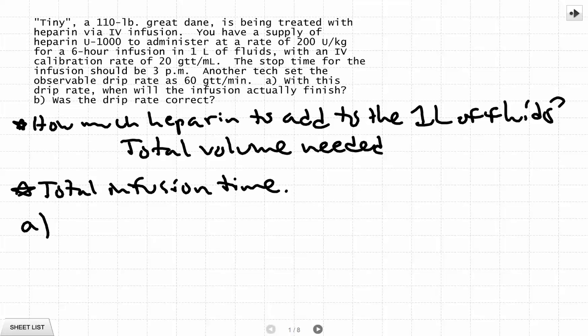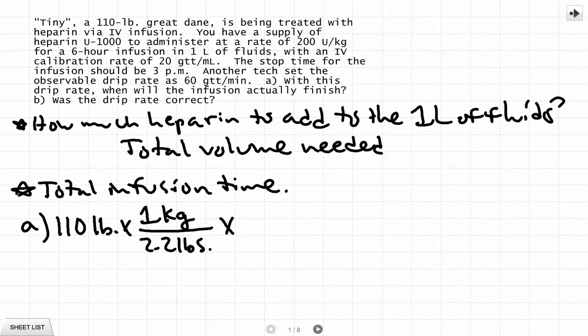So for part A, we are going to take our 110-pound Great Dane and do what we usually do. This is a straightforward drug dosage calculation. So the first thing we want to do is change pounds into kilograms, because we are going to give a dose at a rate of 200 units per 1 kilogram. All right, so our pounds go and our kilograms go.